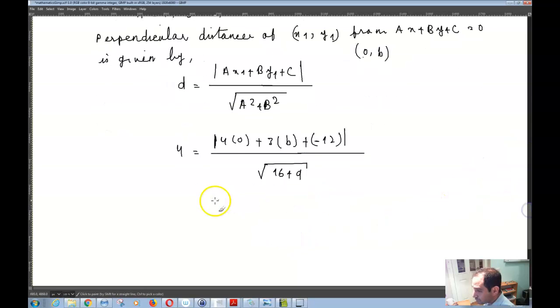So you can say that 4 is equal to the absolute value of 3b minus 12 over the square root of 25, which is equal to 5. So that means that 20 is equal to the absolute value of 3b minus 12.